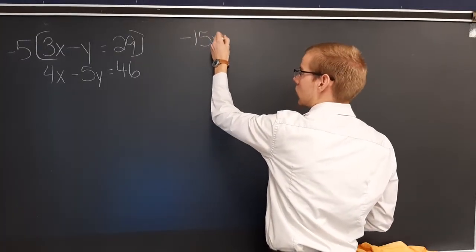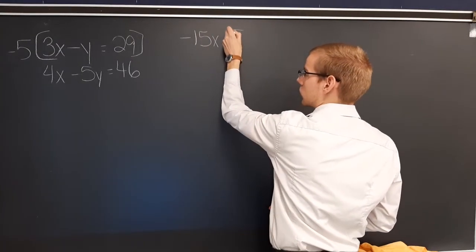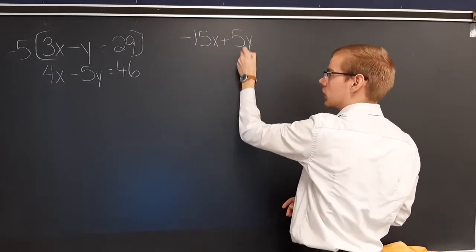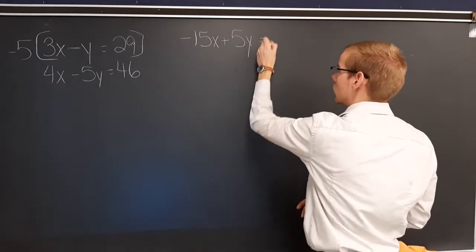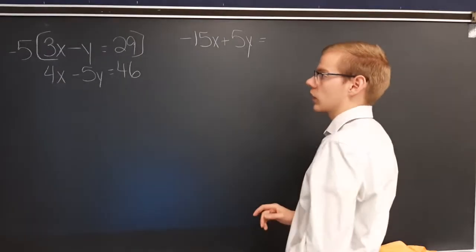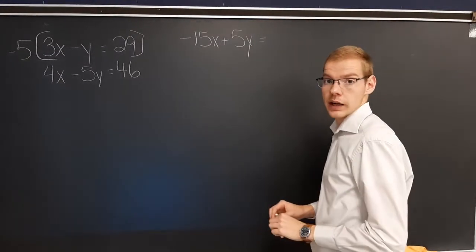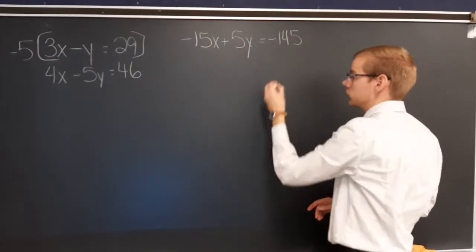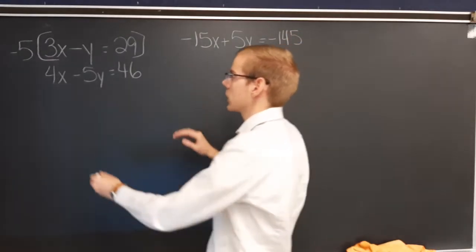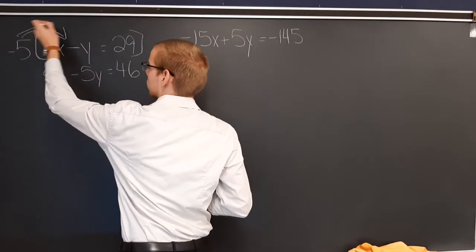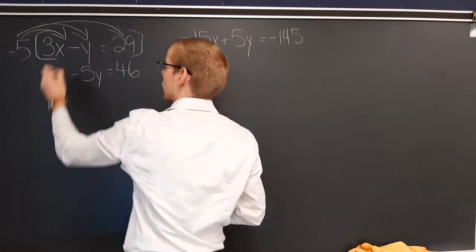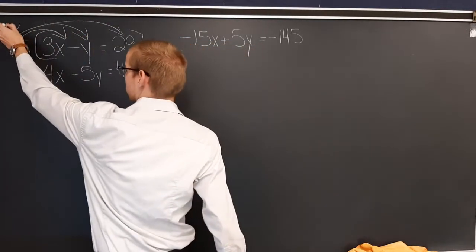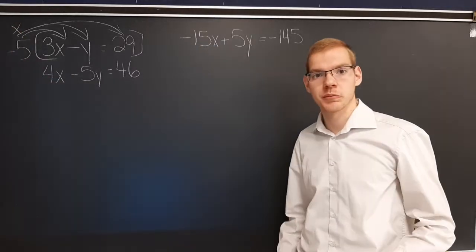So write that out. -15x plus 5y equals 29 times -5 is -145. So basically what we're doing is the distributive property.